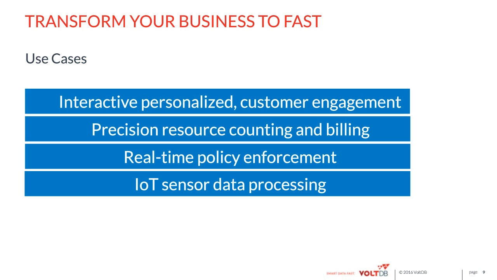Then the fourth is where we're actually seeing a lot of interest come up: the IoT area, right? It's become such a cliche that everyone wants to talk about IoT, and they say they are doing IoT. So what is IoT?